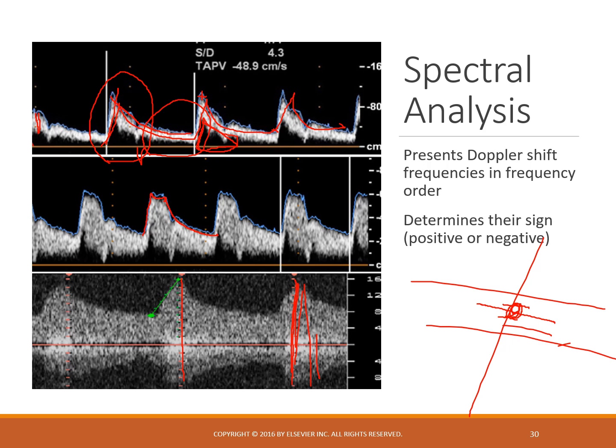So this again is a very low resistance waveform, but I do see a wider spectral pattern. I have some spectral broadening here. What this could indicate is that I opened up my sample size and I'm including more peripheral information as well. And remember, blood is going to be moving slower in the periphery than it will be centrally.